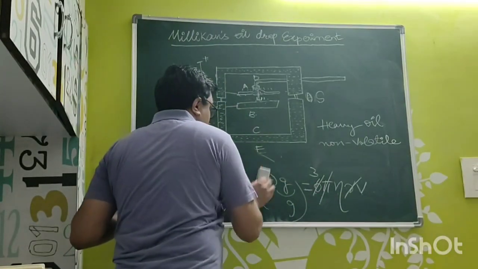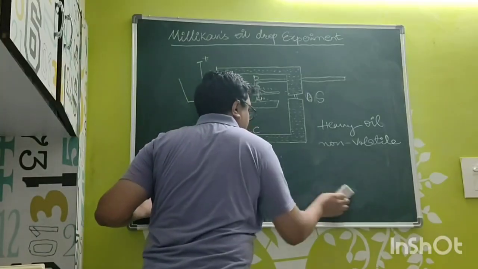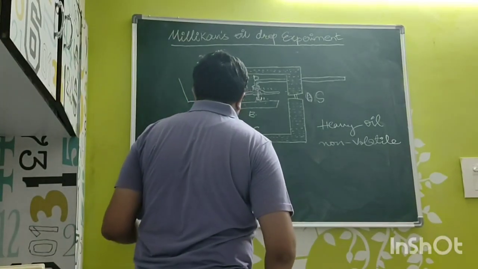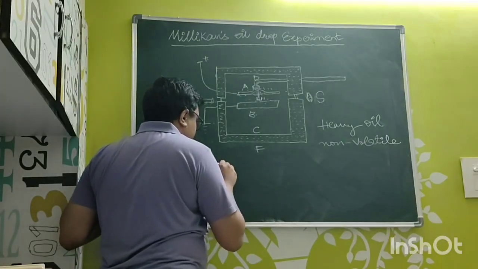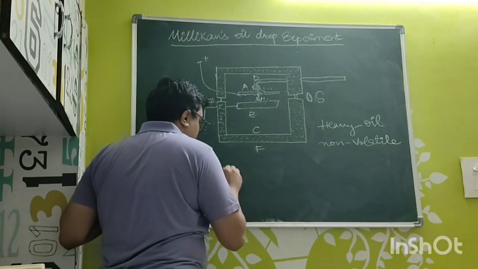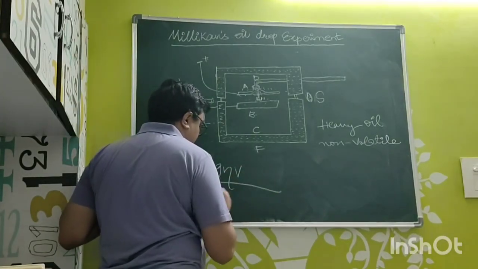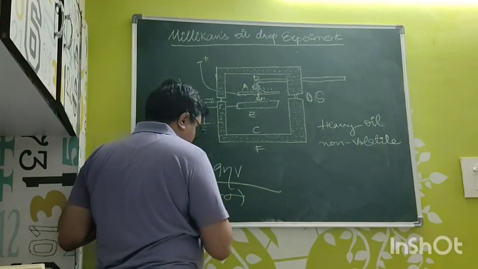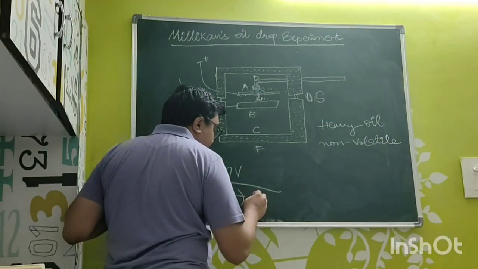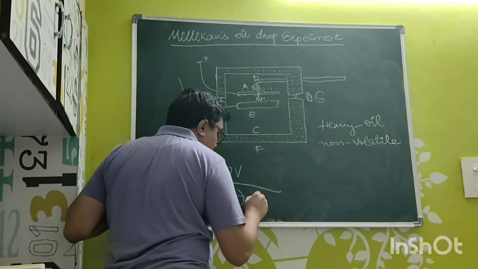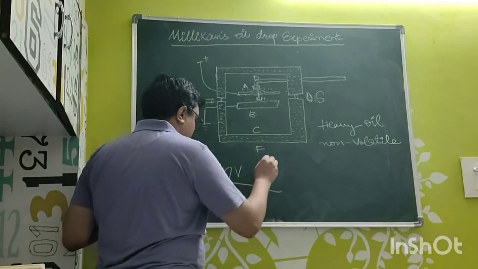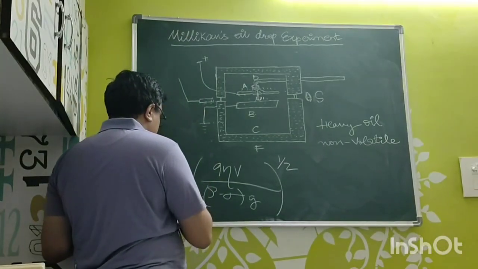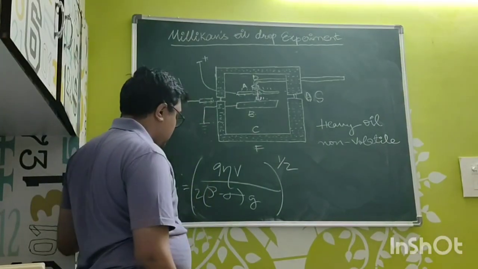Now we get r equal to the square root of 9ηv divided by 2(ρ − σ)g. This is the radius.